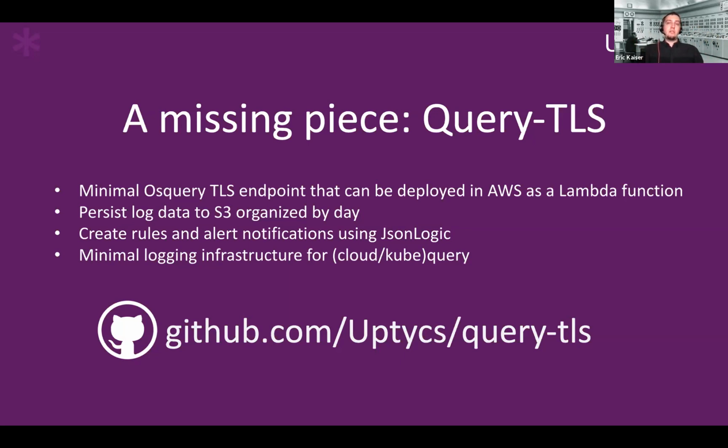And it persists that log data to an S3 bucket organized by day. This allows you to set up a minimal logging and alerting infrastructure for cloudquery. You will still have to manually create the query packs for cloudquery, but this is a great way to get started if you're looking for a minimal visibility and alerting infrastructure to get started with cloudquery.